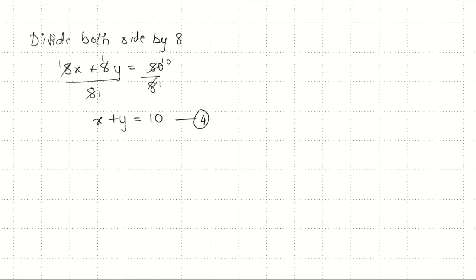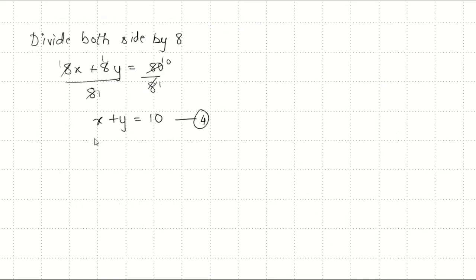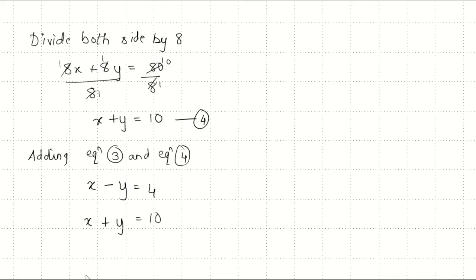Now adding equation number 3 and 4. This is x plus y is 10. And what is equation number 3? X minus y is equal to 4. If we add both the equations, we will get the value of x. 10 plus 4 is 14.